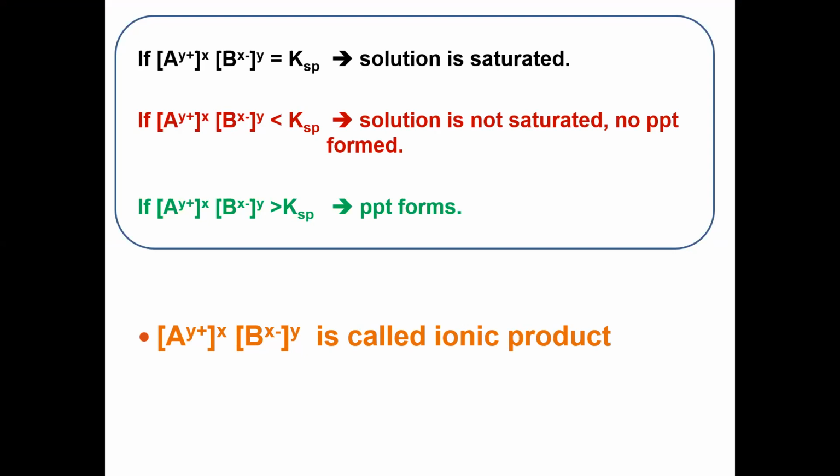These values are compared with the value of the ionic product to determine the chance of precipitation.